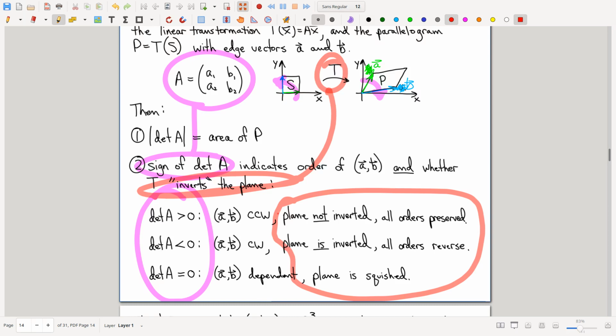And then, of course, there's always the possibility that something anomalous and annoying could happen. Determinant could be 0, and that means that, well, something weird has happened. Something's been squished. To say it in linear algebra language, the column space has dimension less than or equal to 1.